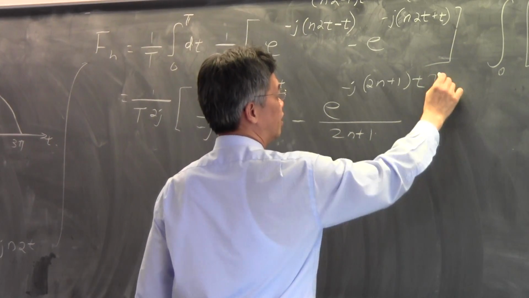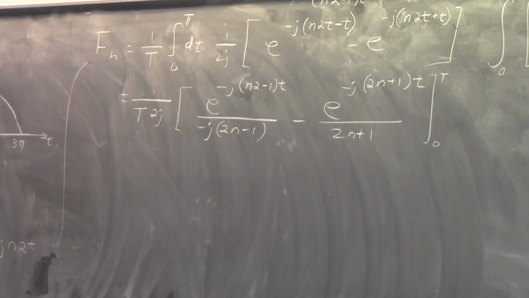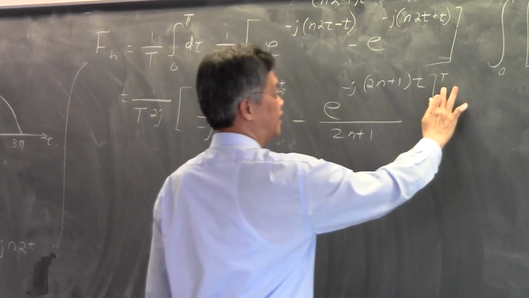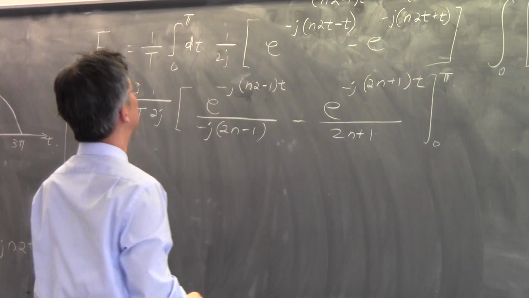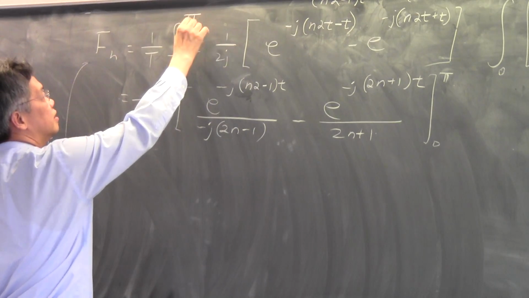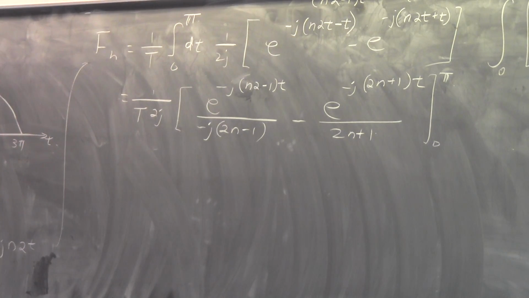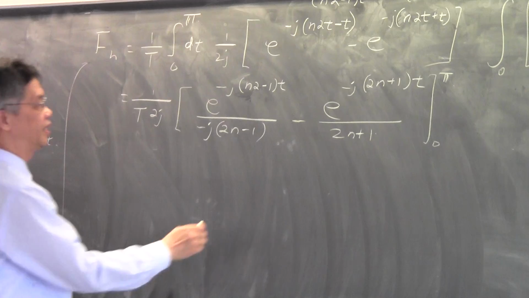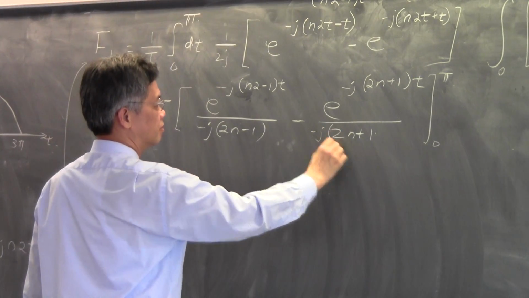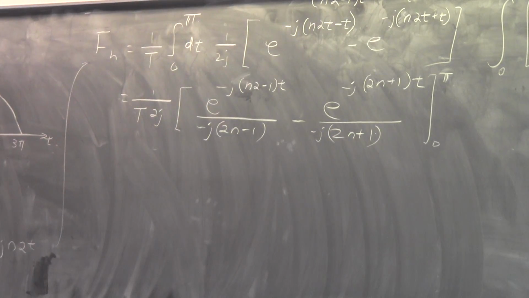And then I have to evaluate this at the two endpoints, 0 to T, where T is equal to pi here. And there should be a minus j there.